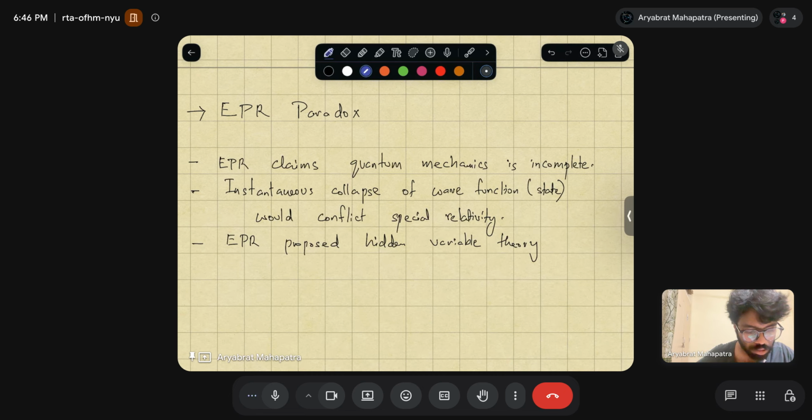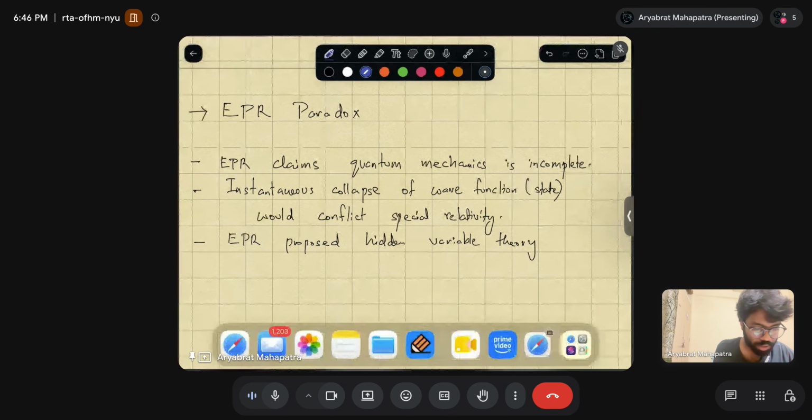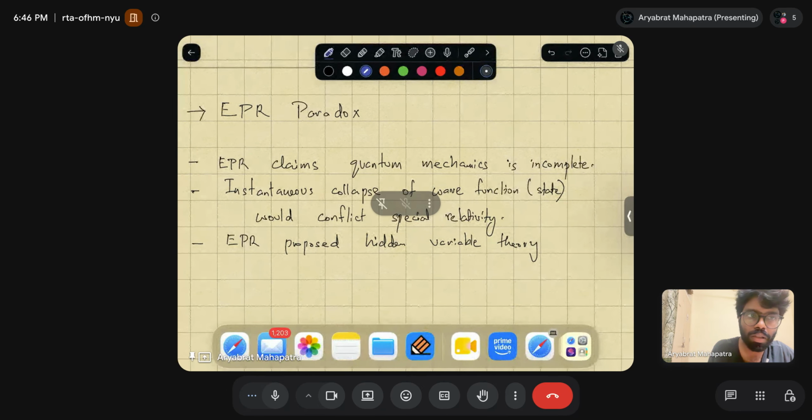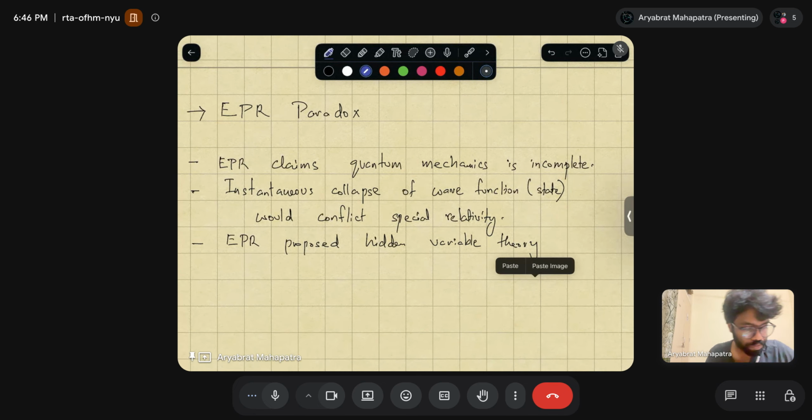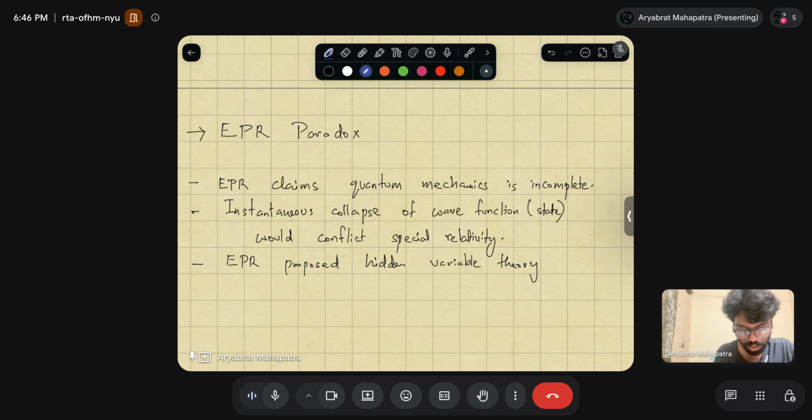Probably we can try to prove this EPR paradox and how it was resolved. We'll try to see how this EPR paradox was resolved. The proof, maybe in some later discussion, we'll just point out what the idea was here.